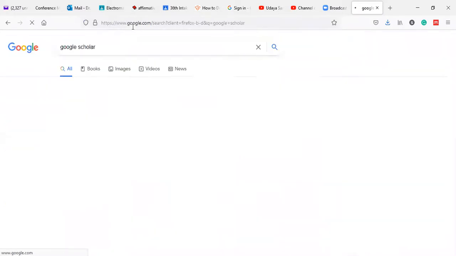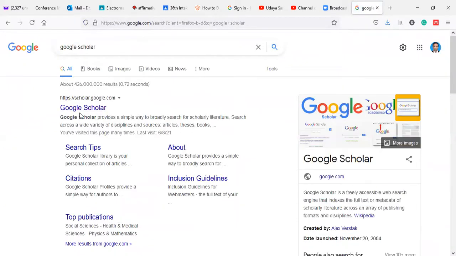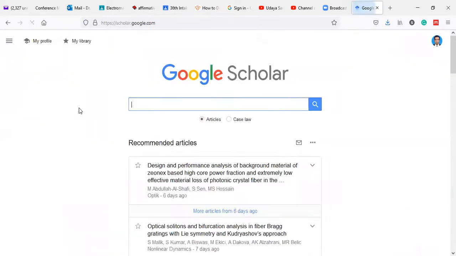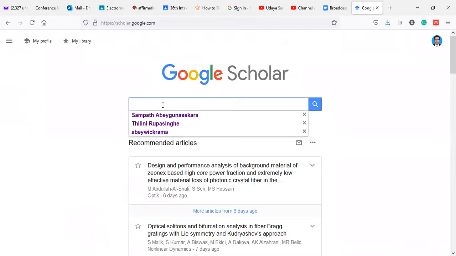And find a paper that you are interested in, a journal paper. Read the abstract and identify whether it is suitable or not.